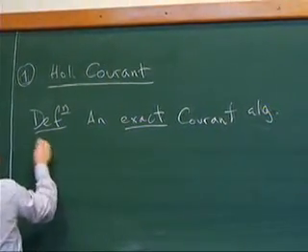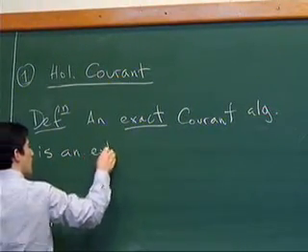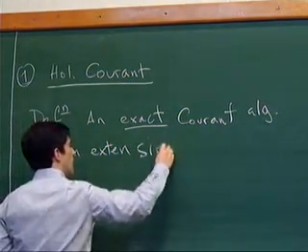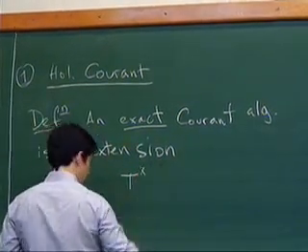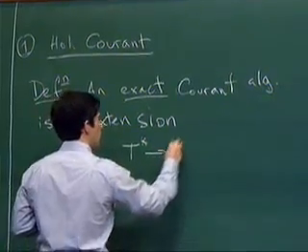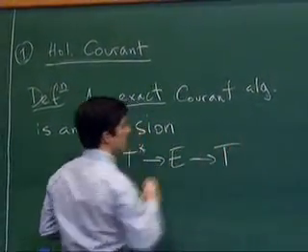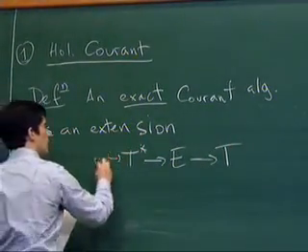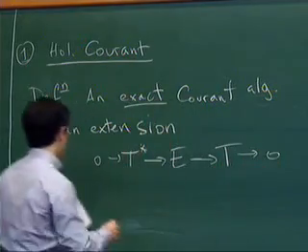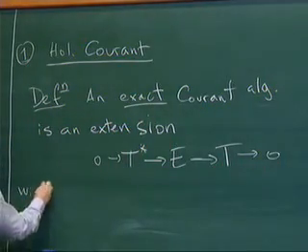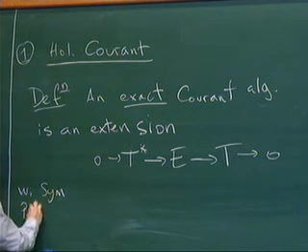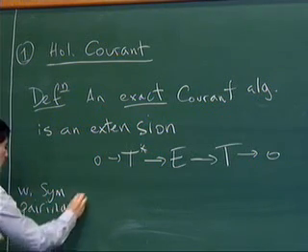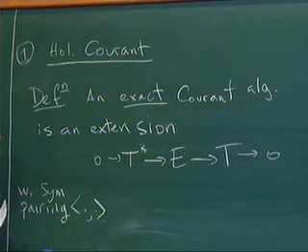An exact Courant algebroid is an extension like this, with a symmetric pairing, which I'll just write like this, the way we normally do.